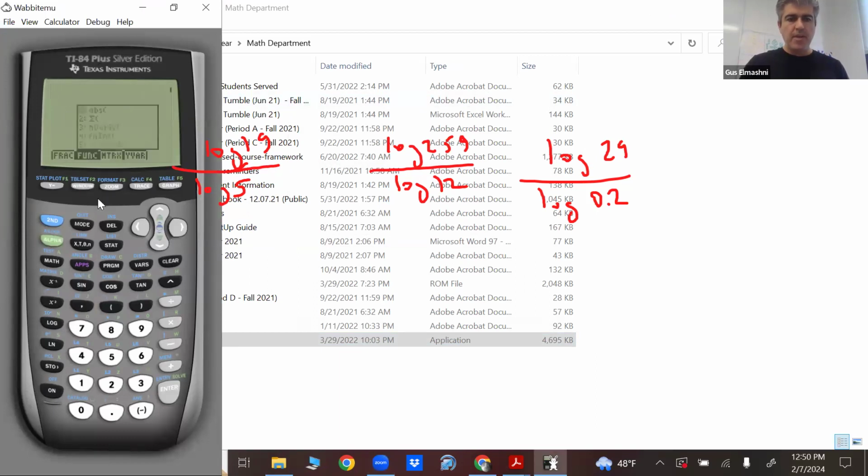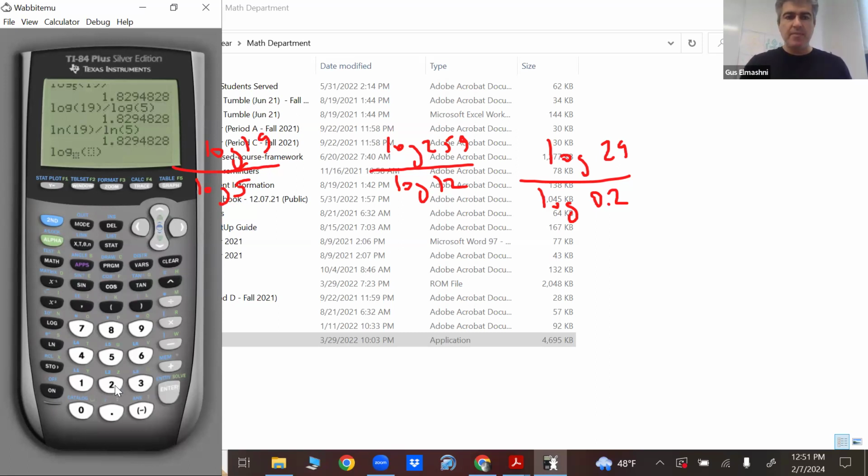So you could do this, guys. Alpha window, option 5. That's super easy. But you can also do log 19 over log 5, or ln 19 over ln 5. Super easy, right? Also, if you go to math and option A, that works too. So you have all these options here.